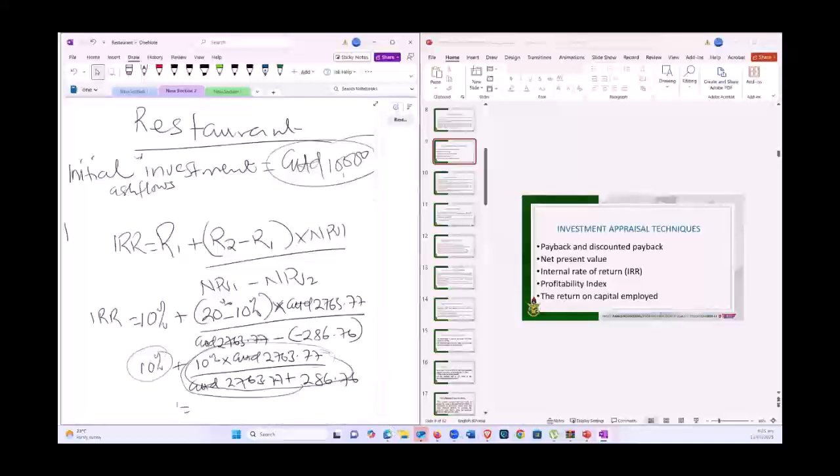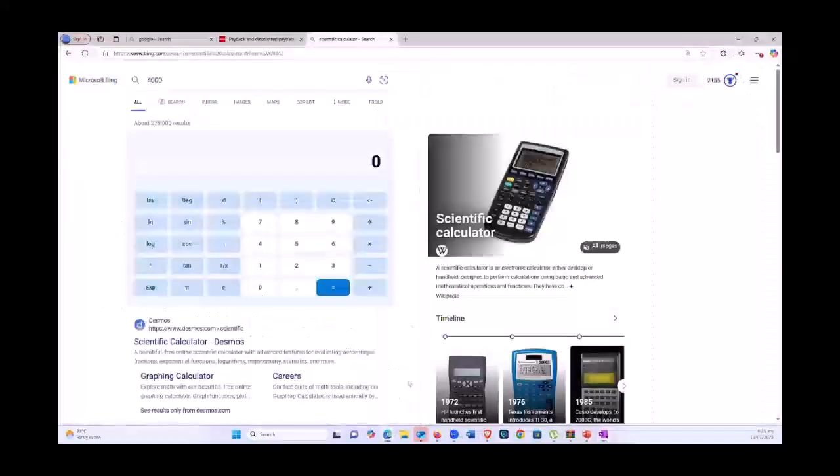Sir, I'm getting the final answer as 18.19. Okay, so call the figures for me here. 10 times 2763.77 will be 27637.7. So we don't have to change it into decimals?